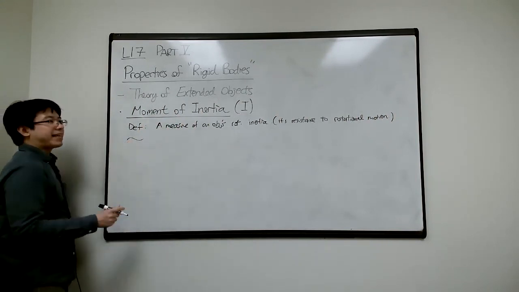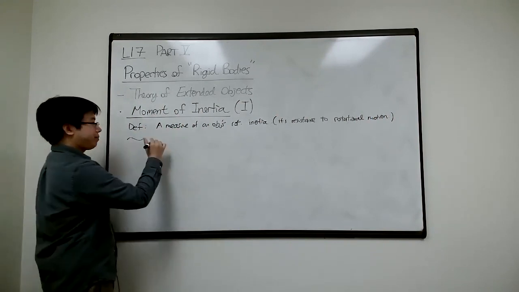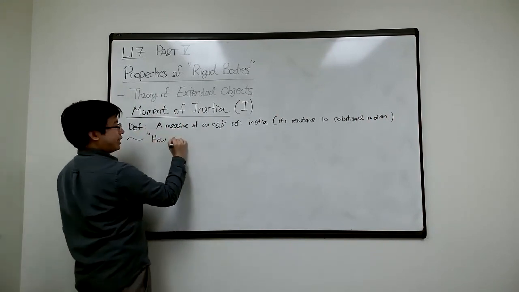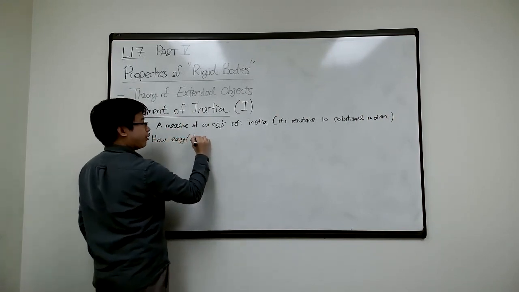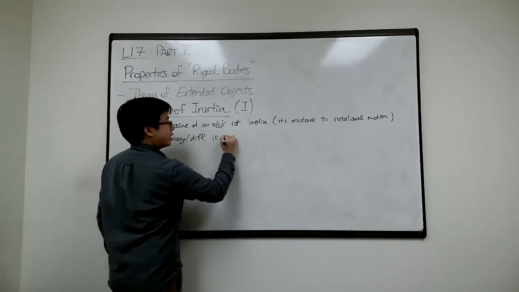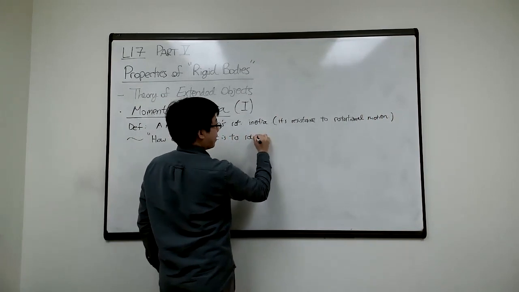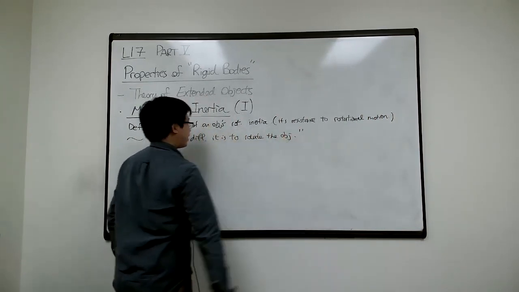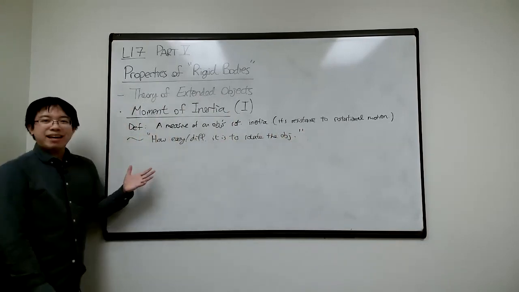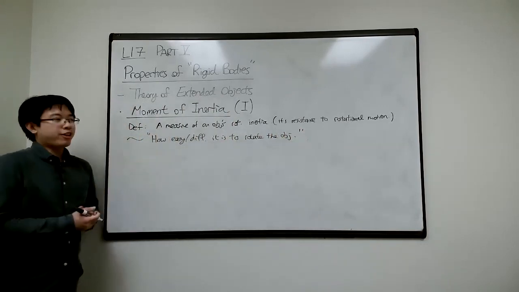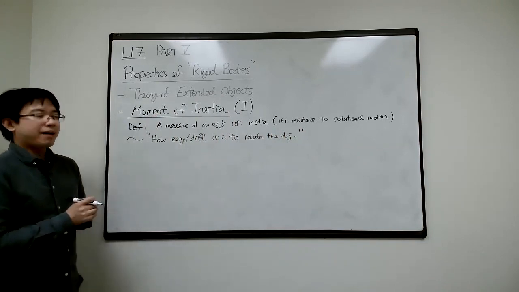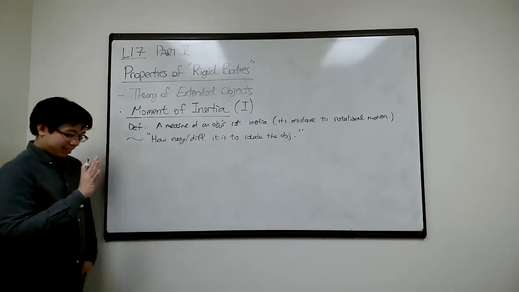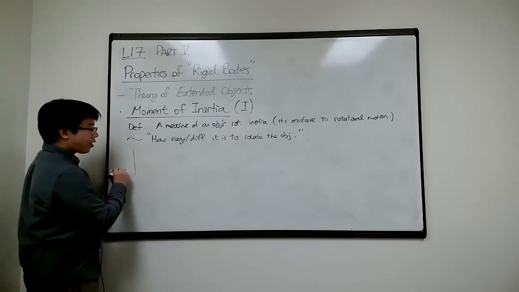So this is the formal definition, but roughly speaking, in quotes, it is how easy or difficult it is to rotate the object. In colloquial, everyday English, that's what moment of inertia is, and it's given by the symbol I. So let's start with a point mass.